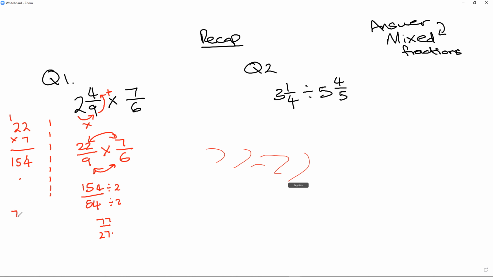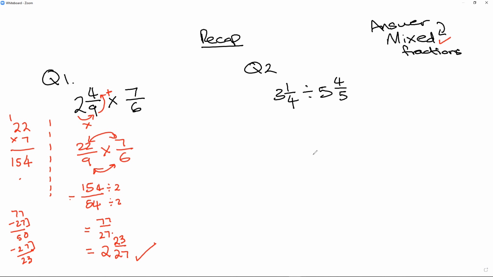That's right, 77 minus 27 gives 50. Then you minus 27 again, and you're left with 23. So how many 27s can fit inside 77? 2. So we put a big whole number 2, and the remainder is 23 out of 27. And now my answer is a mixed fraction.